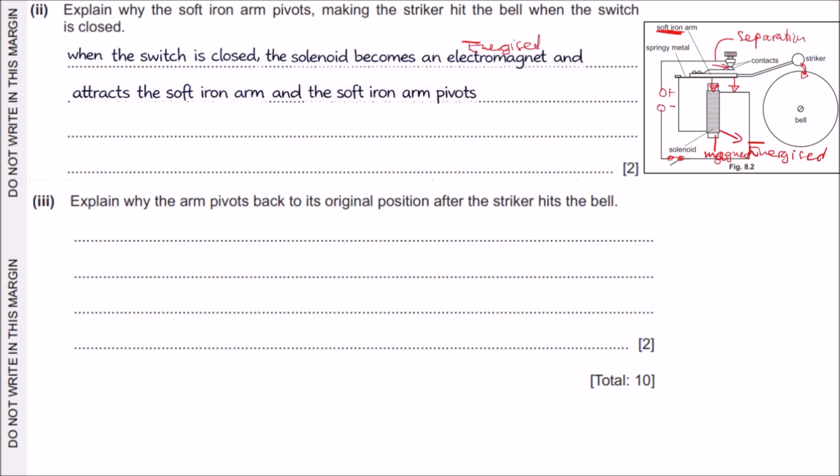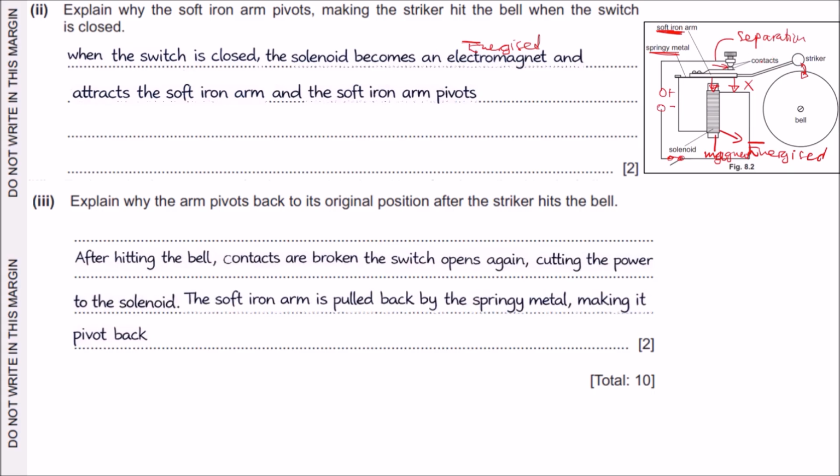In other words, the contacts are no longer in contact. Hence, there is an open switch here. The current stops flowing, the electromagnet loses its magnetism, and this attraction disappears. Hence, the spring metal will pull back the soft iron arm, causing it to move backwards.